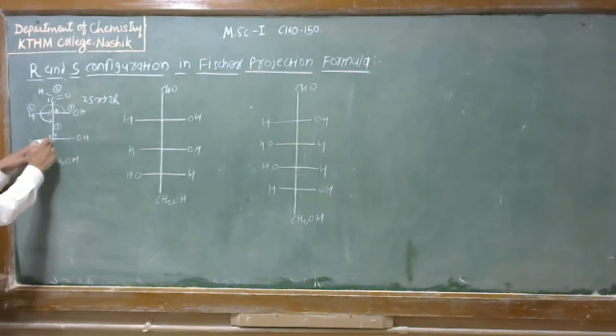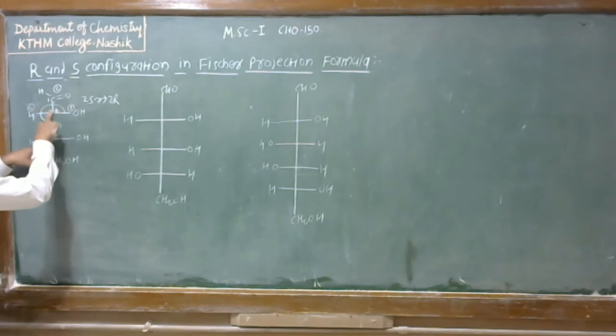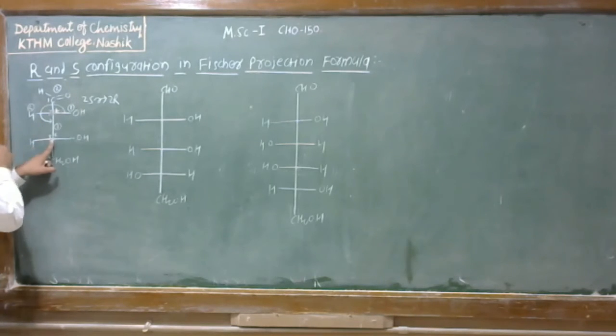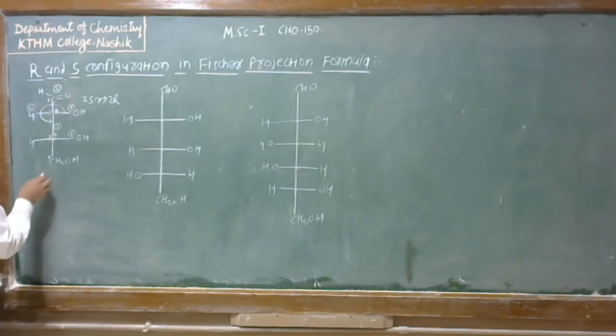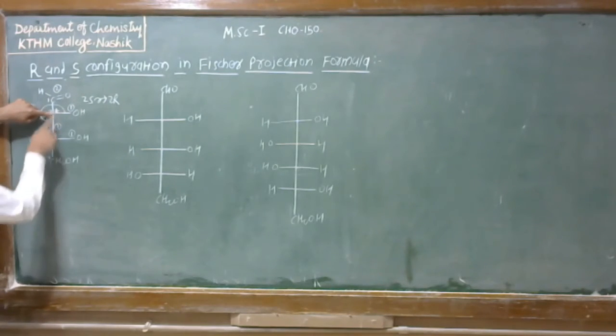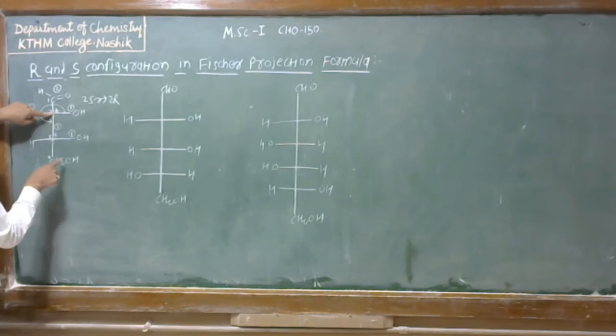Now see here, this third carbon atom has 1 oxygen, 2 carbon atoms, and 1 hydrogen. So the hydroxyl group has first priority now. Now this carbon is attached to 1 oxygen, 1 carbon, 1 hydrogen, and this carbon is attached to 1 oxygen and 2 hydrogens.